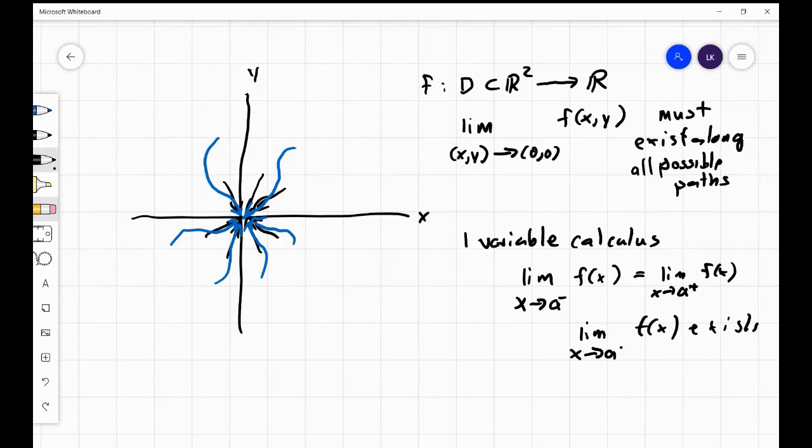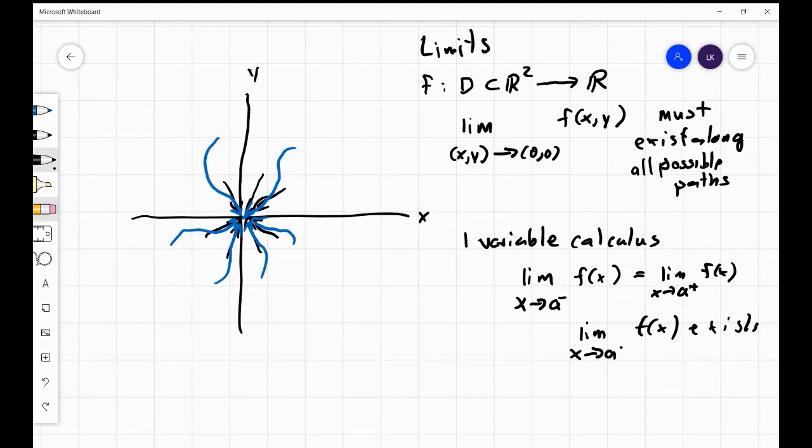With limits, we don't care about what actually happens at the point quite yet. It's when we talk about continuity, then we start caring about not only how the function behaves around the point, so limit, but also what the function does at the point. So right now it's just limits. So how the function behaves around a point, not what it does at the point. Okay.